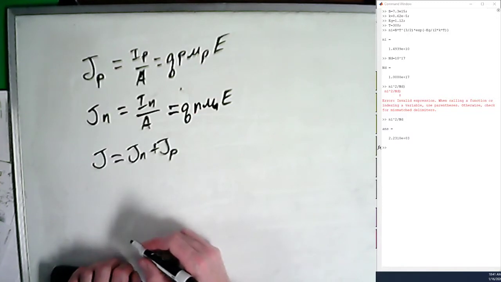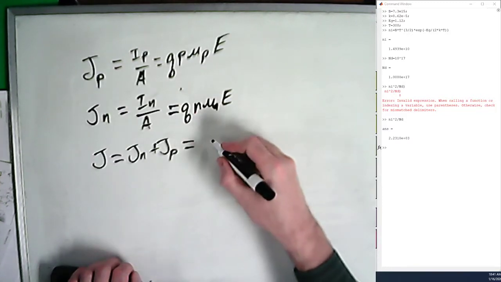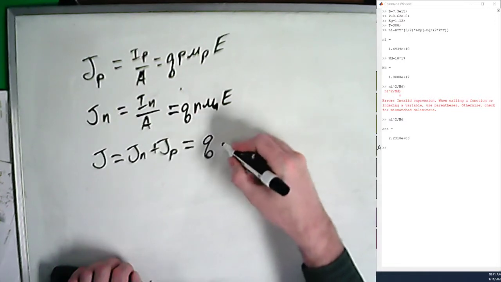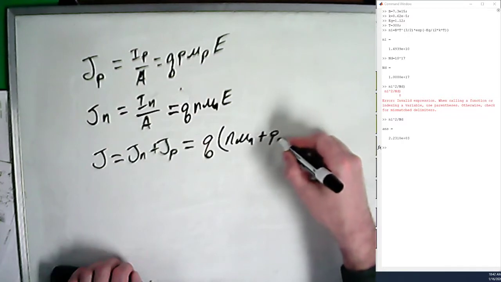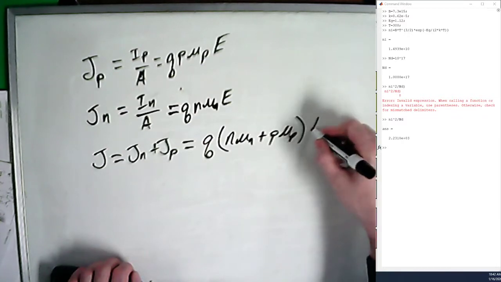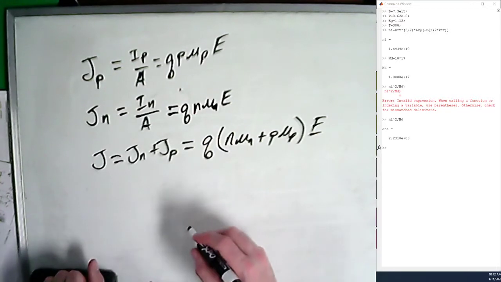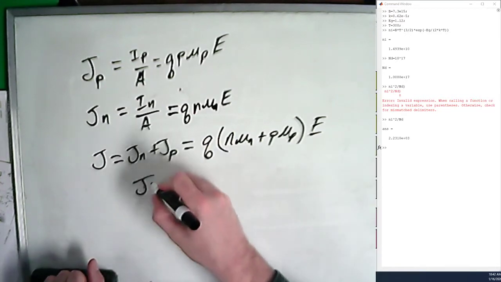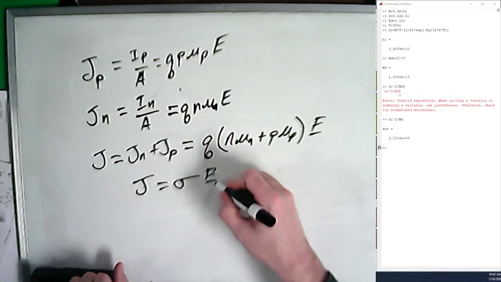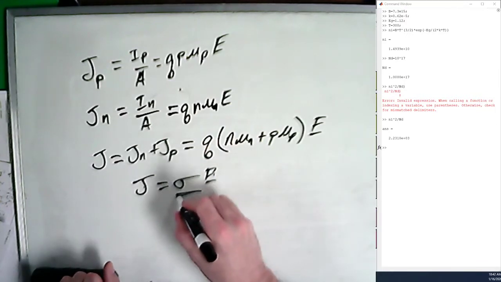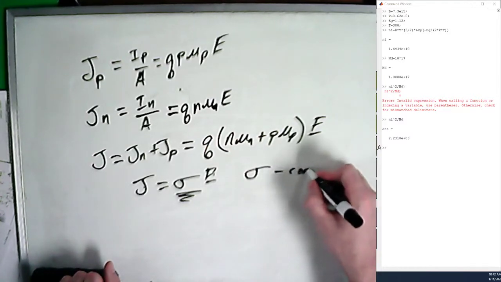That's the entire thing put together, and we can even break these out, and we can pull out the Q, n times mu n plus p times mu p, all multiplied by E. And a lot of people call this J equals sigma E, where sigma is the conductivity.